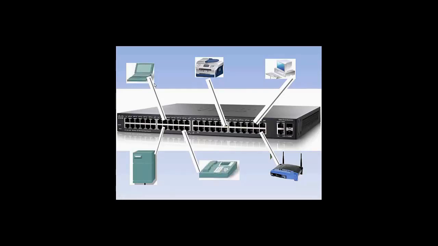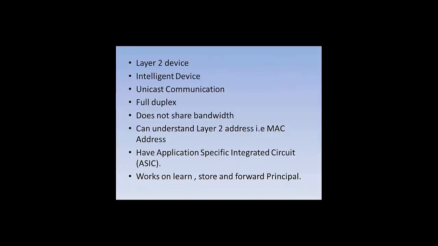Not always, I will explain some more points, once its database gets updated, I will come to that point also. Its database is known as the CAM table or MAC database. Once that is updated, then that data goes from here to here, not to any other device. Unicast means one-to-one communication and broadcast means one to all in the network.